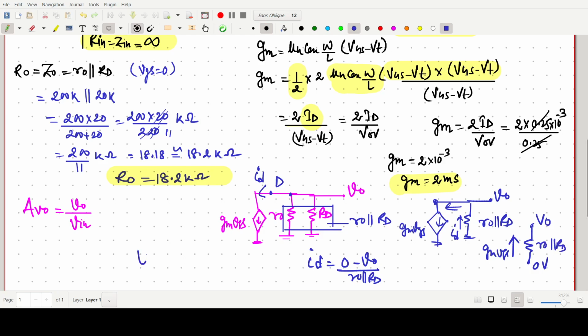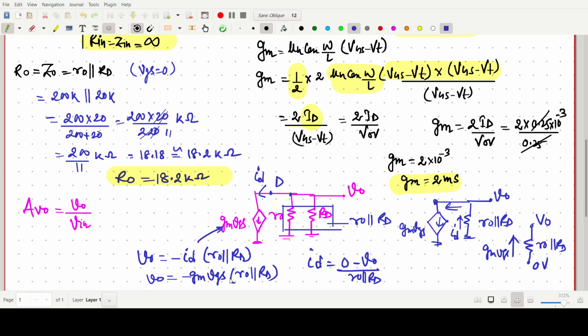So V0 will be simply minus ID times r0 parallel with RD, and ID is nothing but simply this gm VGS. So gm VGS times r0 parallel with RD. So this one is the V0 when there is no load, simply minus gm VGS, and these two are in parallel.